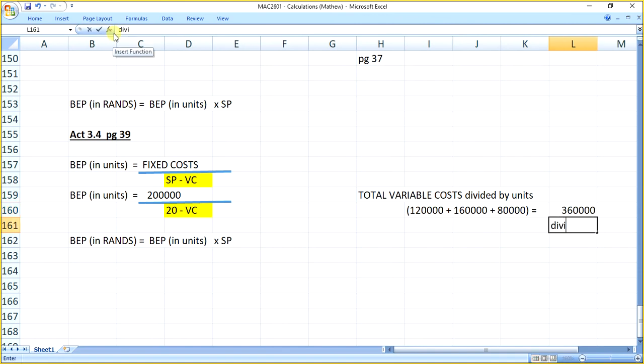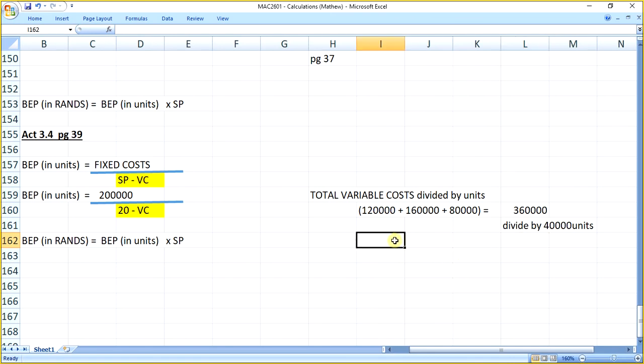Divide by 40,000, which gives you unit variable cost. $9. Did you get the same answer? Yes, I did.